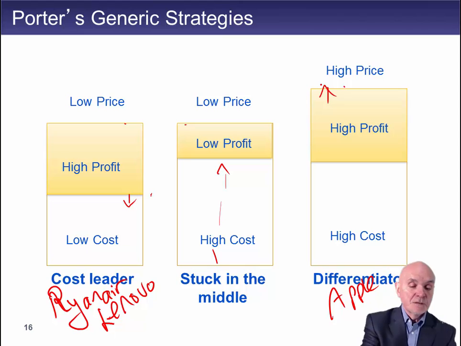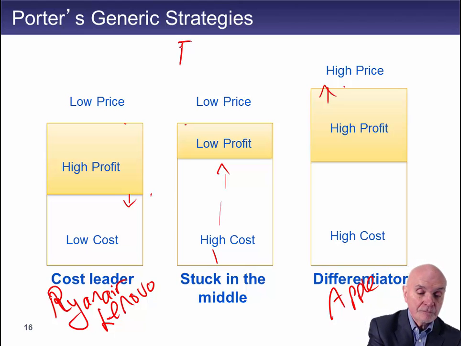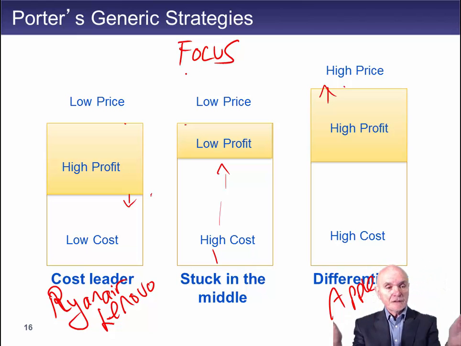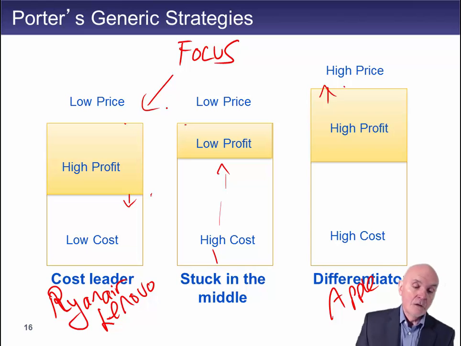The other strategy we talked about was a focus strategy. And a focus strategy is where you say, well, I'm not going to try to sell to the whole market. I'm going to focus or concentrate on one segment of the market. It's like niche marketing. And in theory, you can become a focused low-cost player, or you become a focused differentiator.